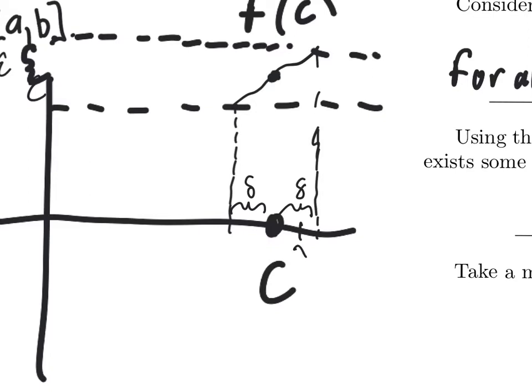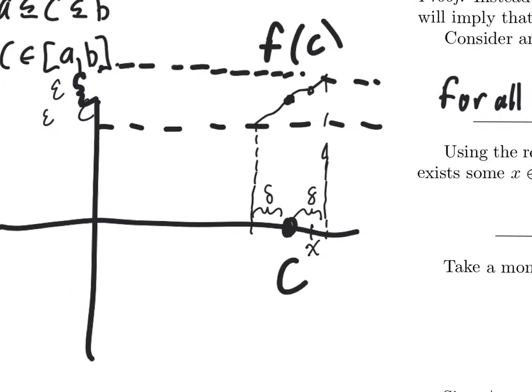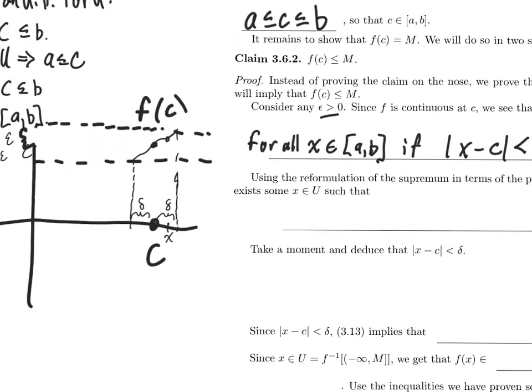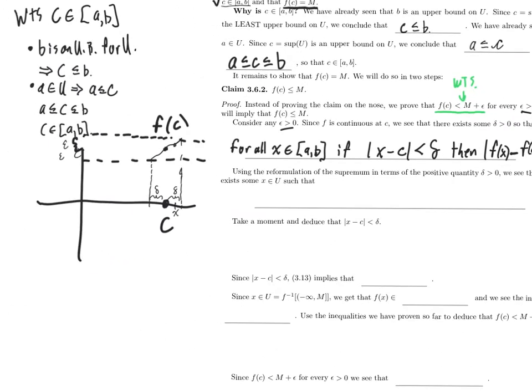So that as long as I take an x value that's within a delta of C, the resulting y value will be within an epsilon of f of C. So there's the pictorial version of that. And I'm going to refer back to that picture a few times.